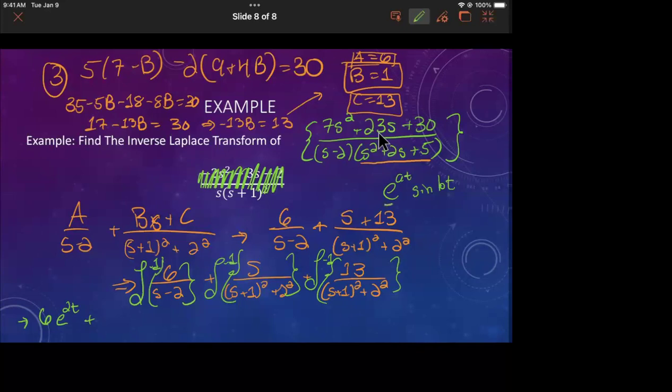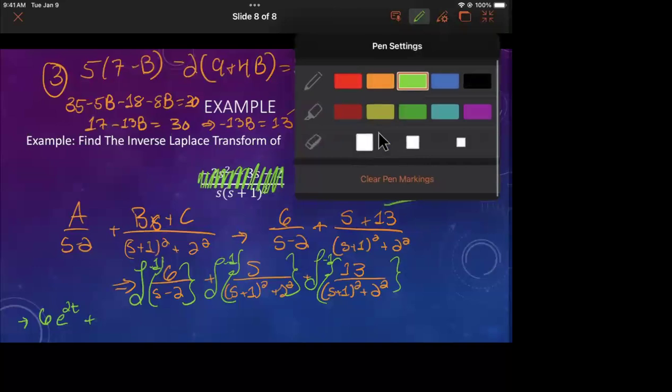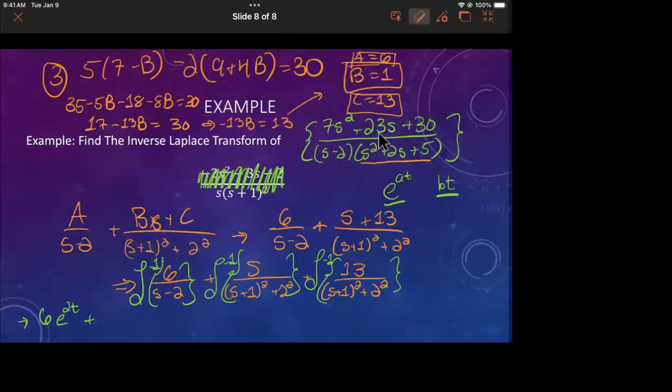In the Laplace transform table, that would correspond to e to the at sine of bt, where b is 2 and a is minus 1. Oh, I'm sorry, that's the wrong one. I meant cosine. The Laplace transform of e to the at cosine of bt is s minus a over s minus a squared plus b squared.